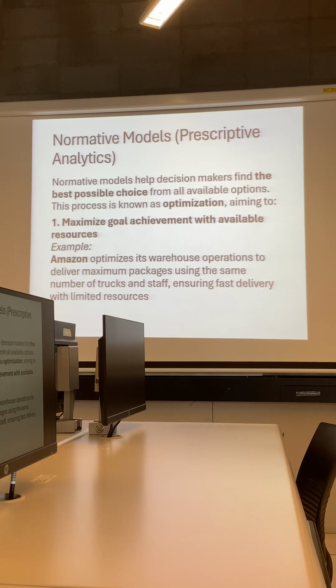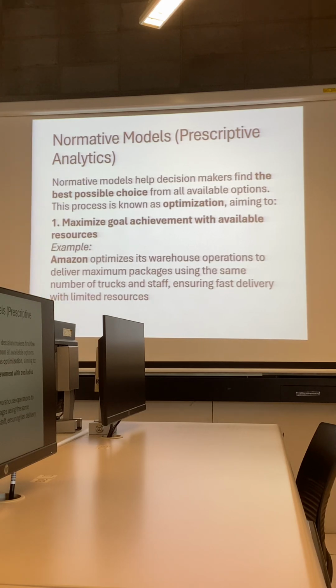So prescriptive analytics also consists of normative and descriptive models. Normative models help decision makers find the best possible choice or solution from all available options, so you can make a better decision.